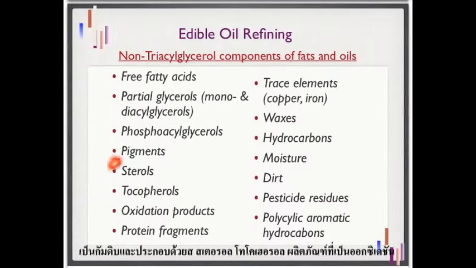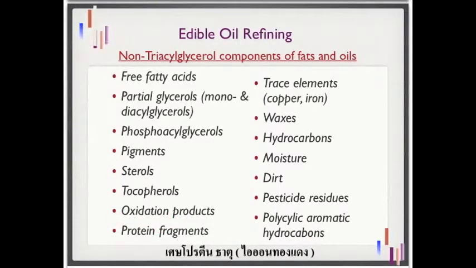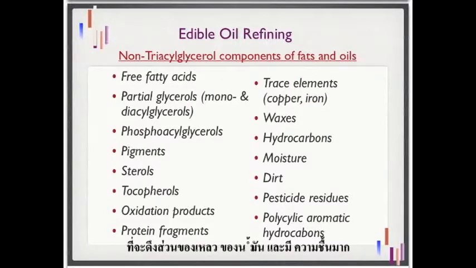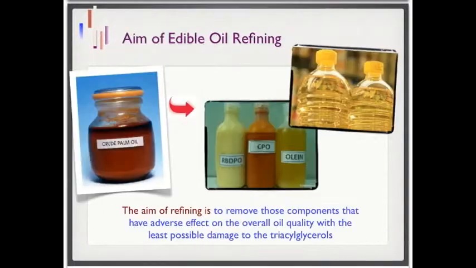And other components such as pigment, sterol, tocopherol, oxidation products, protein, and the trace elements. Trace elements such as copper and iron are actually pro-oxidants, which can promote oxidation in the oil. So we need to remove these to avoid oxidation of the oil. And we have other components such as waxes, hydrocarbons, moisture, dirts, and other components.